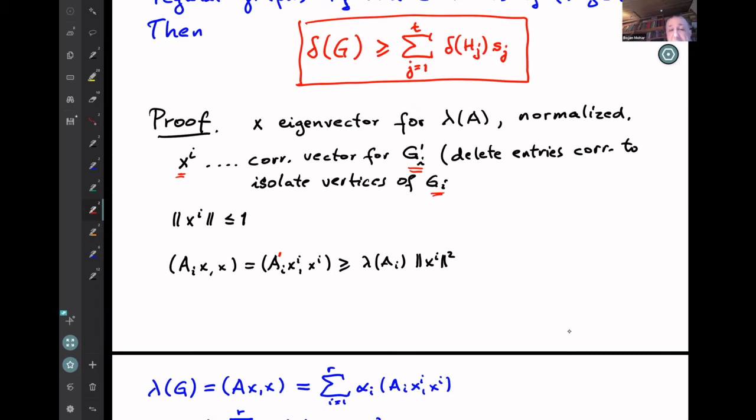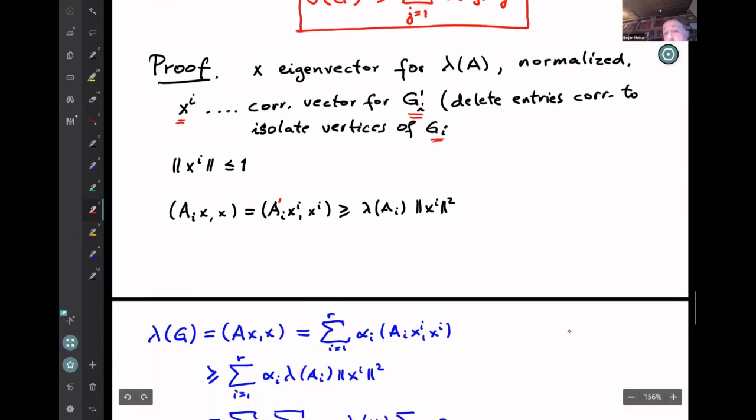So the quadratic form is at least as large as the smallest eigenvalue of A_i prime times the sum of squares, that is, the norm of this vector, which could be smaller than 1, as I mentioned.